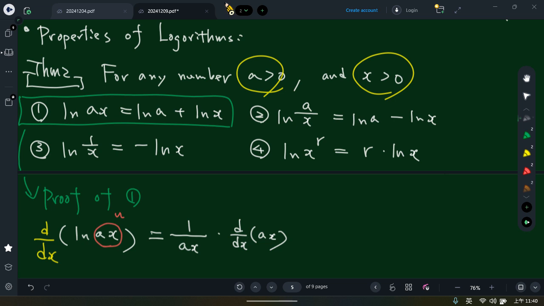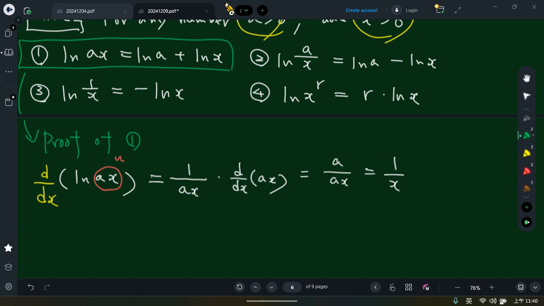Let me just show you again. And u here is ax. So we will have 1 over u times differentiating ax, that means u. So the result will be a over ax, so the result is 1 over x.